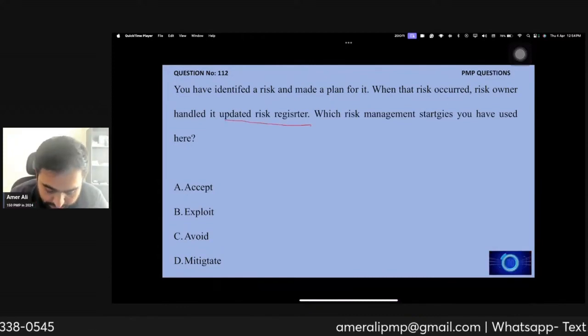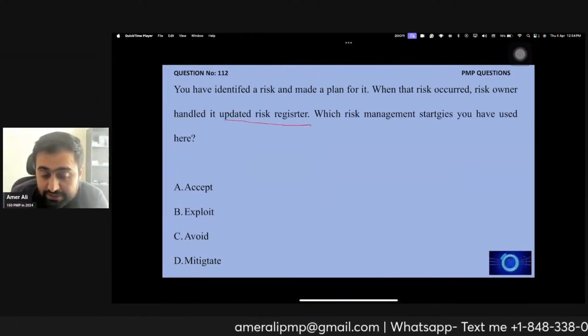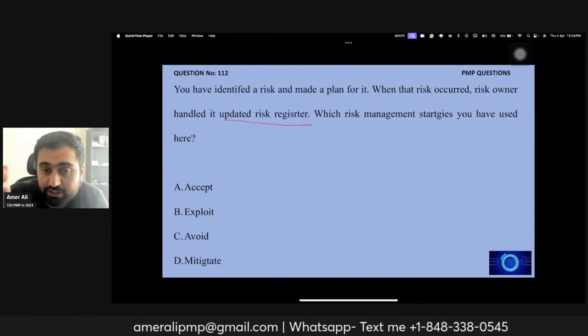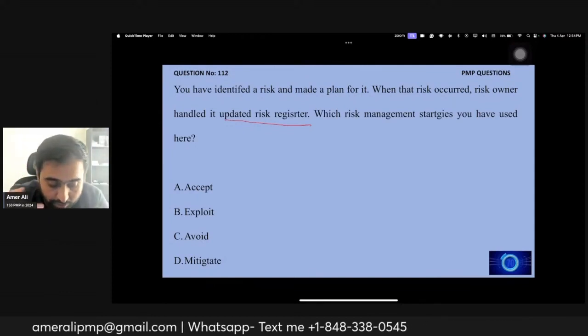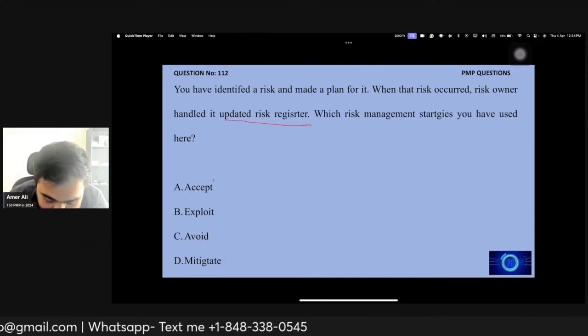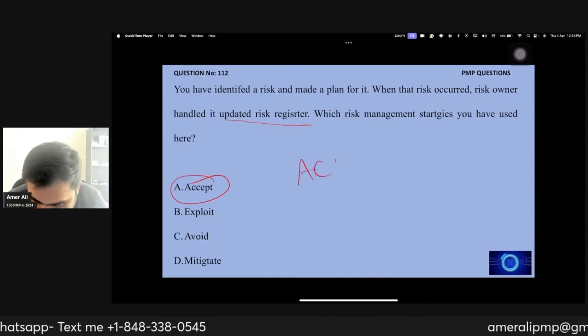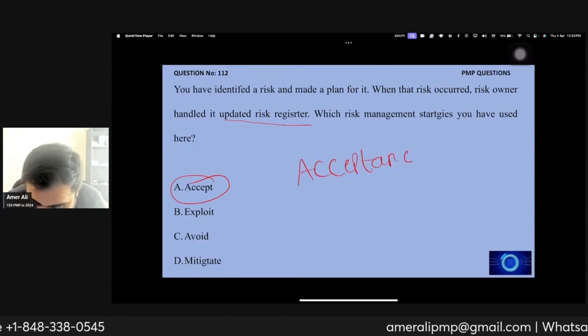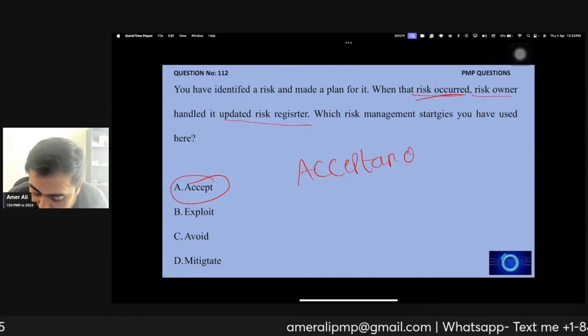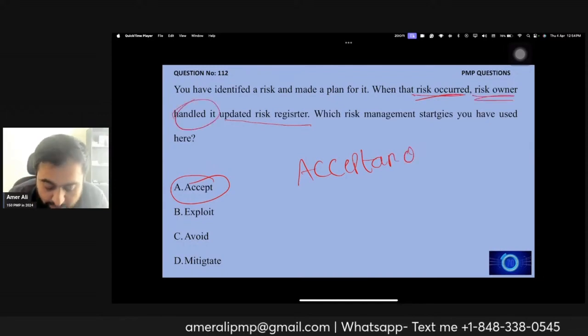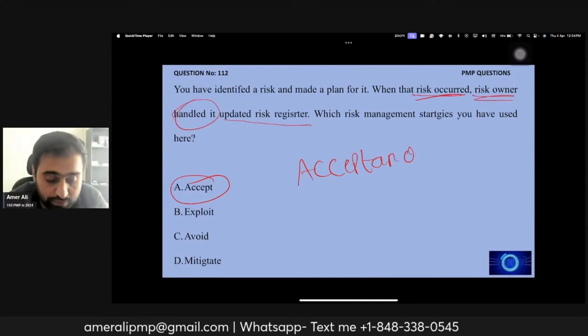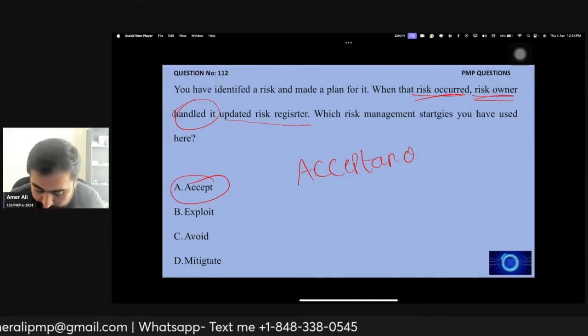So here you identify the risk. You did not take proactive action. You waited. The risk owner worked on that, right? So this is acceptance of a risk. We had a plan, the risk occurred, the risk owner handled it. Acceptance of the risk, very important.